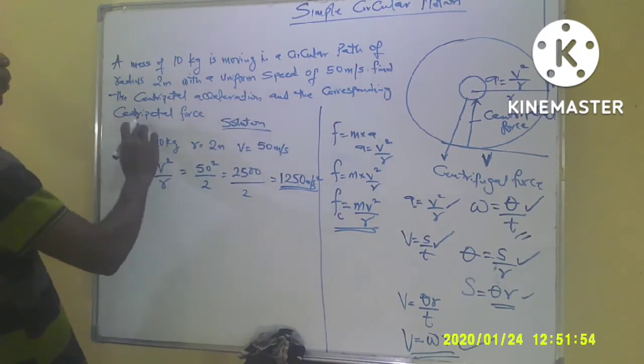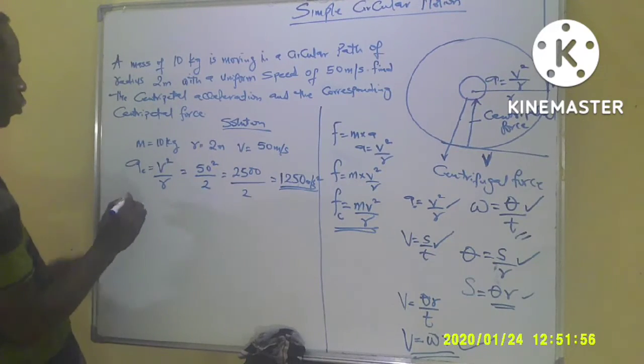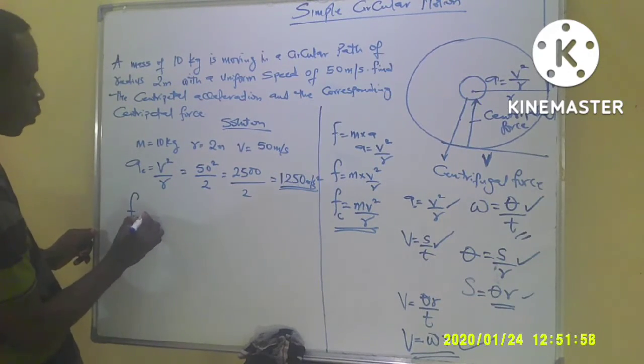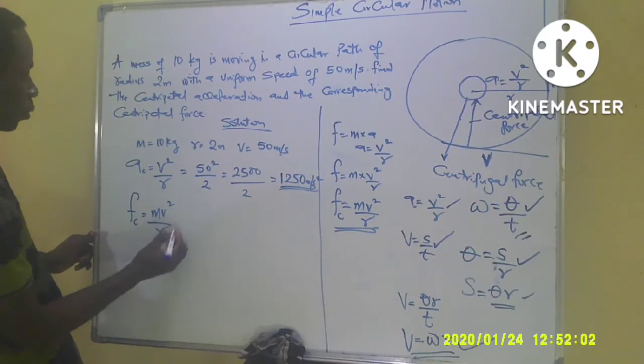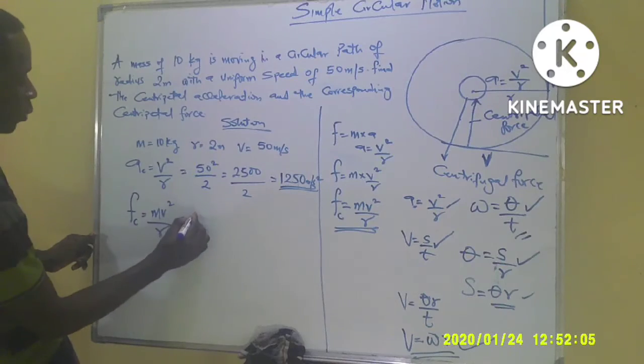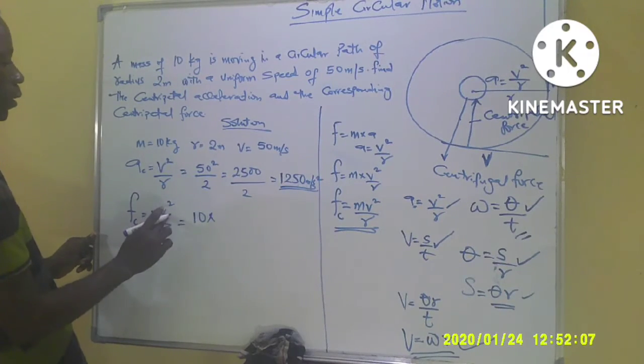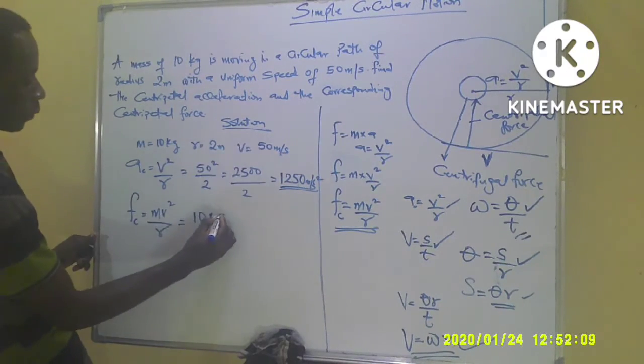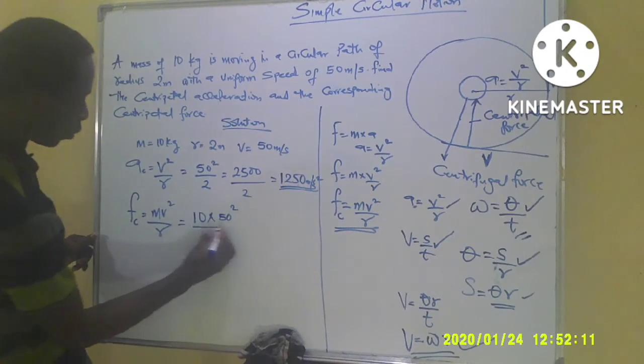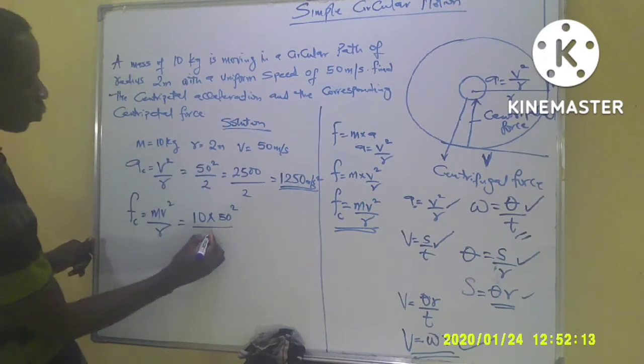Now, what's the corresponding centripetal force? So the centripetal force, which is Fc, what's the formula? mv squared over r. So what is m? M is given to us as 10. Times what is v? And v is given to us from the question as 50, and square it, all over what is r? R is 2 meters.